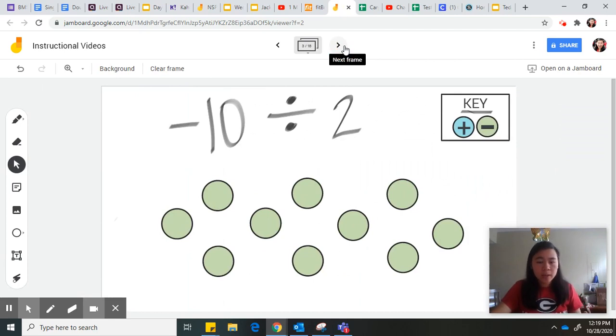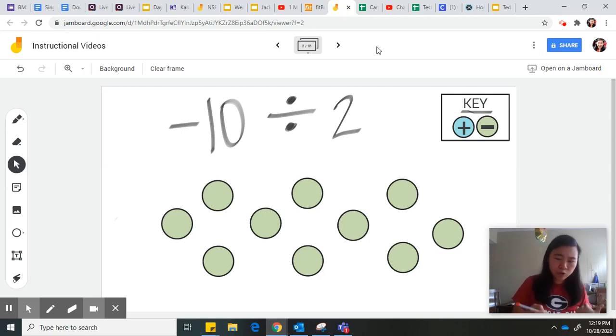Let's look at another problem. Negative 10 divided by 2. Now we're looking at blue and green counters, but same thing. Our key tells us which ones are positive, which ones are negative. Our problem is negative 10, and we do see 10 negative green counters, and we're dividing them into 2 equal groups. Okay, so if we divide these into 2 equal groups, let's use a different color here.